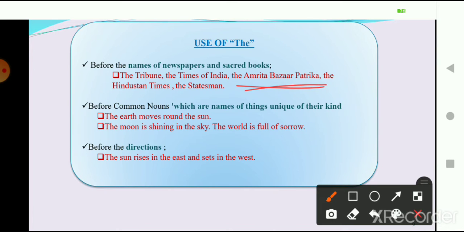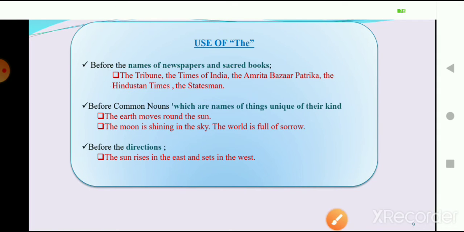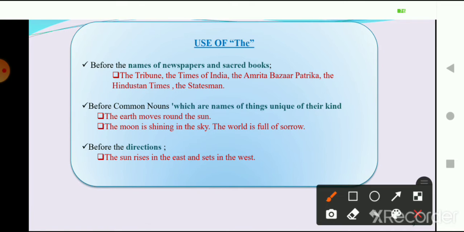So we use the before the names of newspapers and before sacred books. The Hindu, Hindustan Times. So these are examples of names of newspapers, where we have used the article the before them.